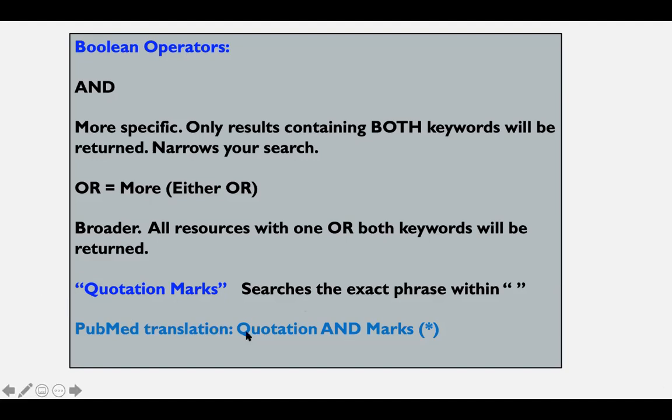So let's say you had quotation marks in your PubMed search field, and I will show you that. You don't even have to put and. If you want to just search quotation marks without the quotation marks, you can actually just type in quotation marks.